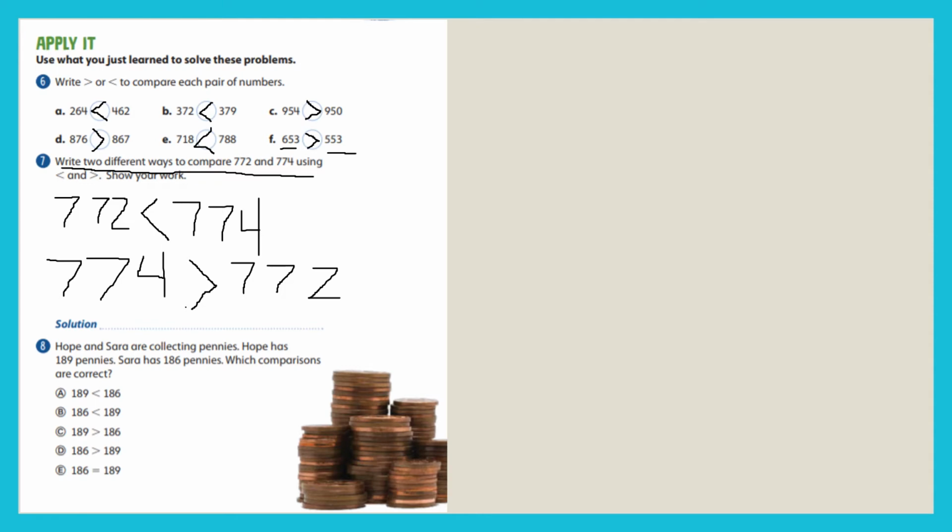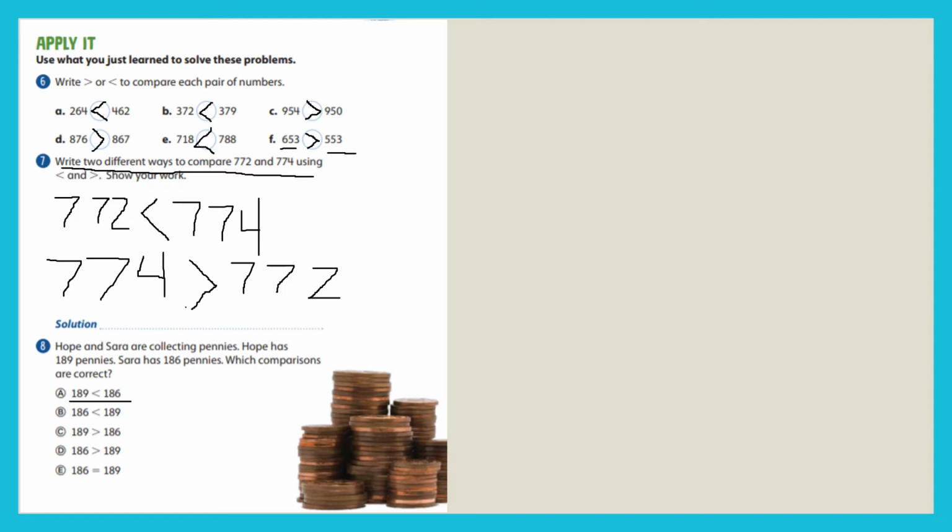Let's look at it. 189 and 186. If I check, my hundreds are the same. I check my eights are the same. My 9 and 6. All right. 189, is it less than 186? Look at the alligator mouth.